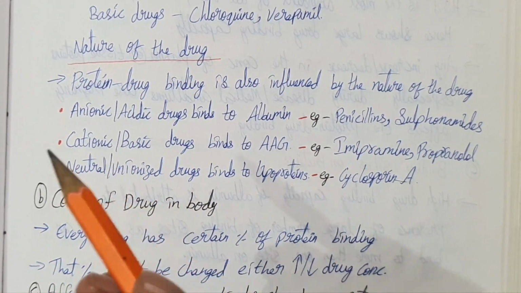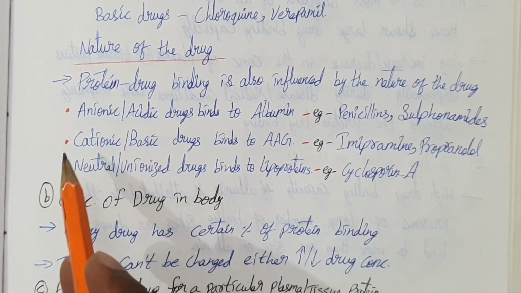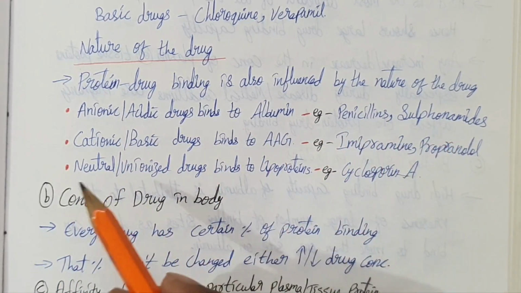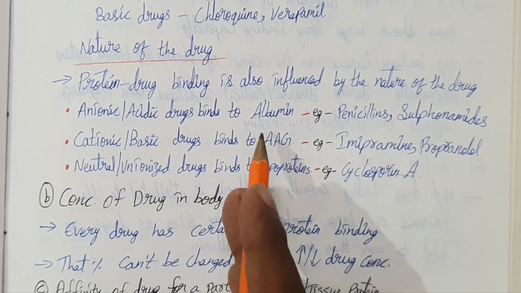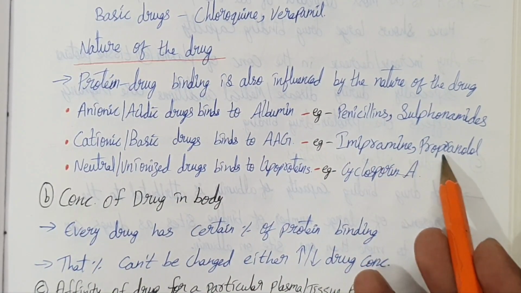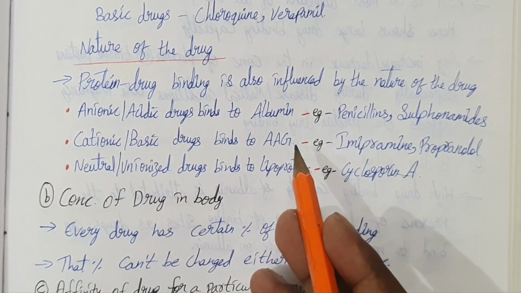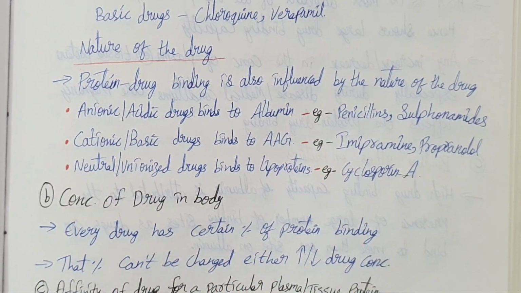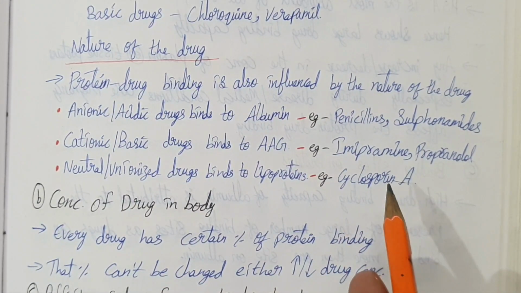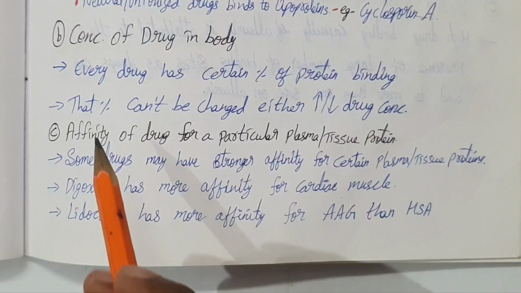It means the type of drug determines which protein it prefers. Example, acidic drugs like penicillin and sulfonamides bind mainly to albumin. Then basic drugs like imipramine and propranolol bind to AAG, alpha-1 acid glycoprotein. Neutral drugs like cyclosporin A bind more to lipoproteins.